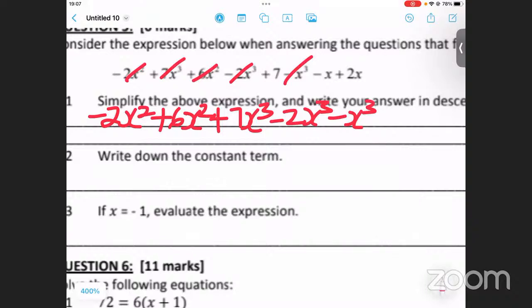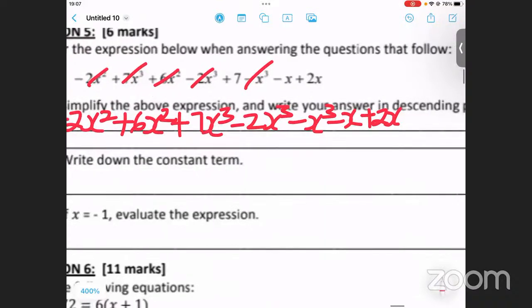Then, ma'am, I said minus x plus 2x. Then, ma'am, I ended it with plus 7.